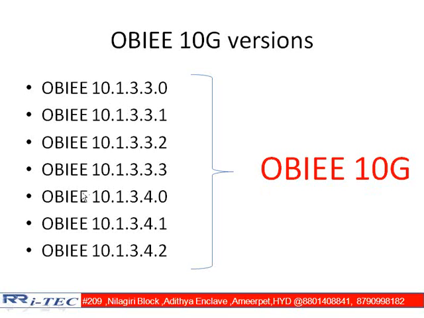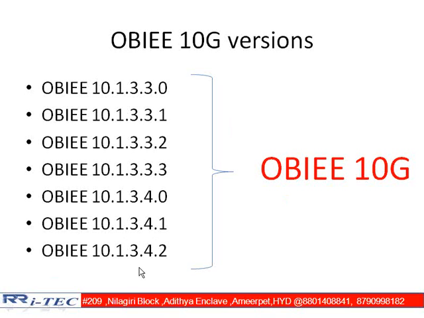Out of all these versions, if any company is executing 10G at this point of time, they will use either 4.1 or 4.2. No one is using the others. Even 10G itself is used by about 40% of people nowadays, and the remaining 60% are using 11G. Even if they use 10G, they will use either 4.1 or 4.2.